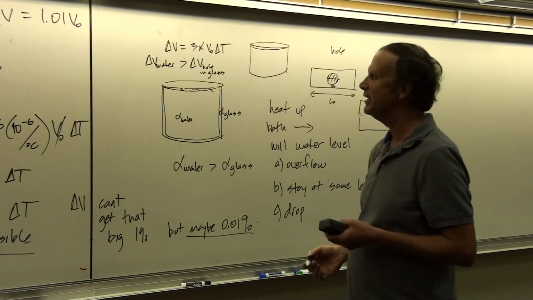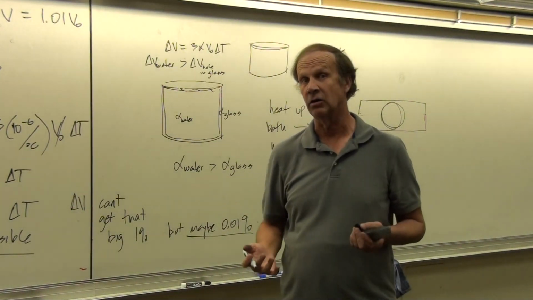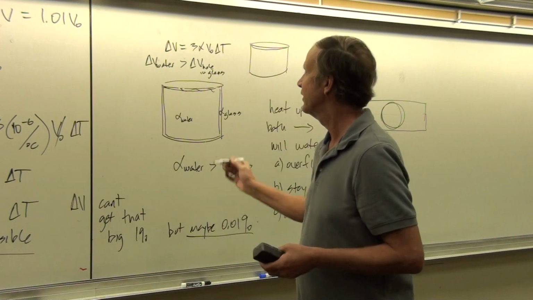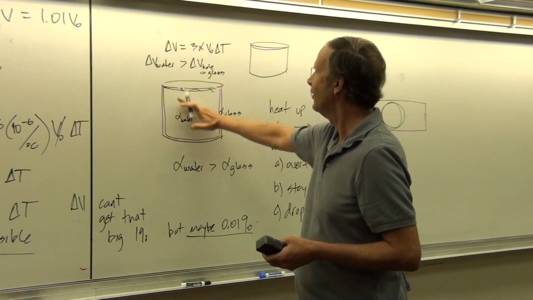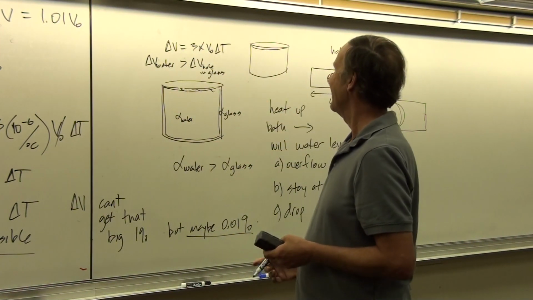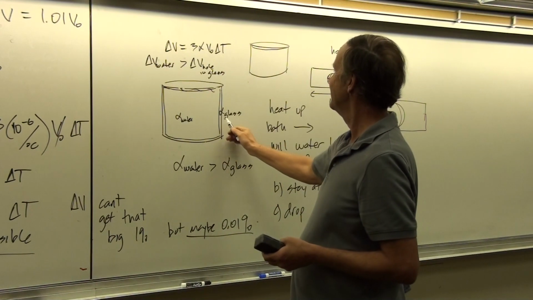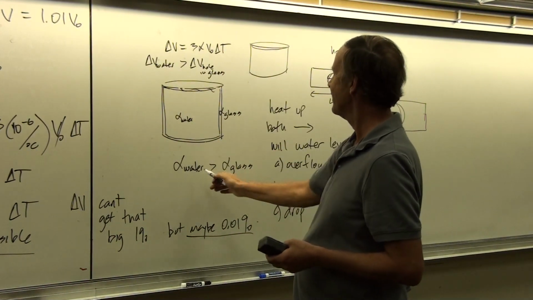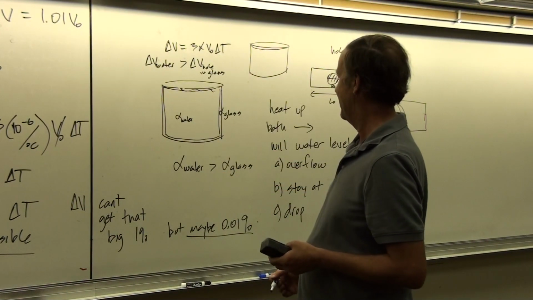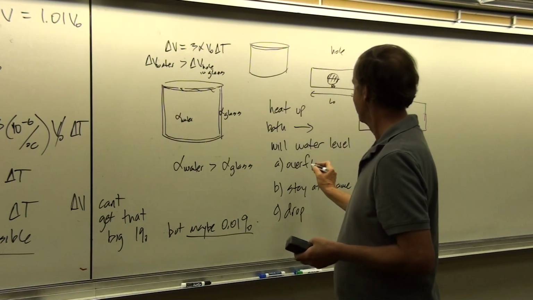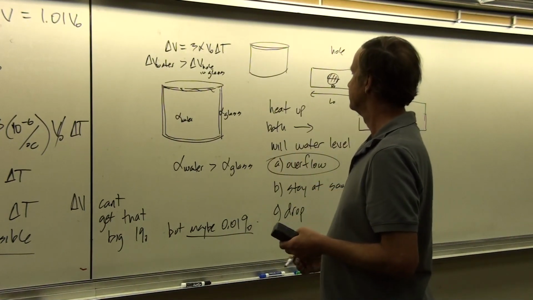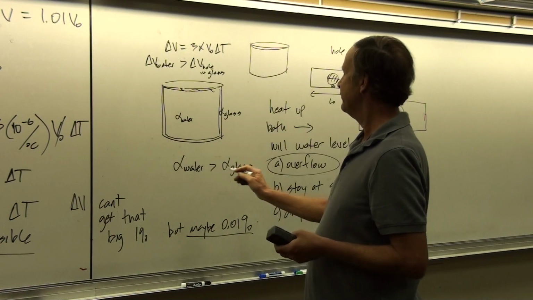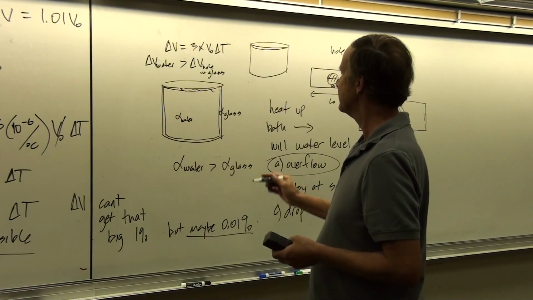It gets just as big as if there were metal in the hole. Okay? And so the same thing is true here for the hole in the glass. That is not going to expand as fast as the water if alpha water is greater than alpha glass, and so therefore it'll overflow.